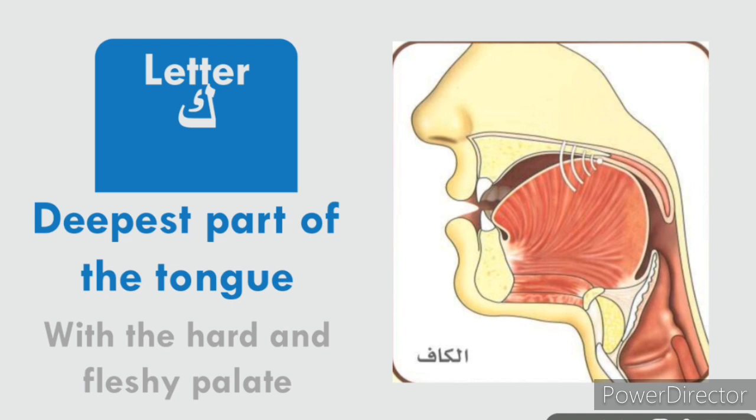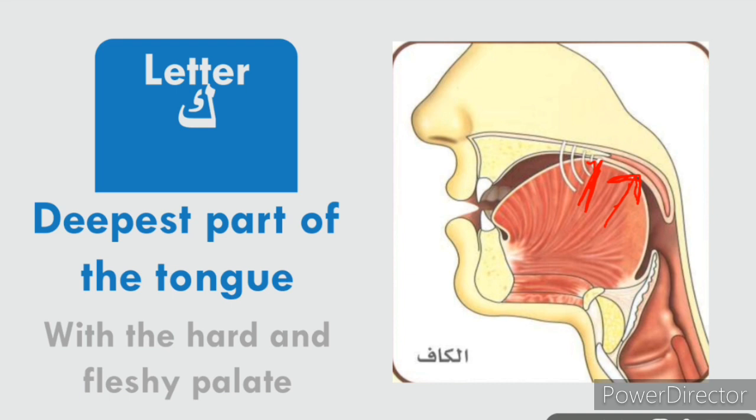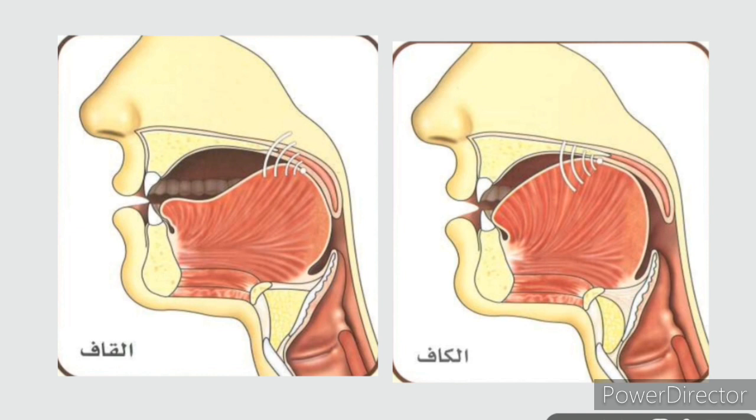So qa is produced from the fleshy part here, and ka is the deepest part of the tongue with the fleshy and bony palate.